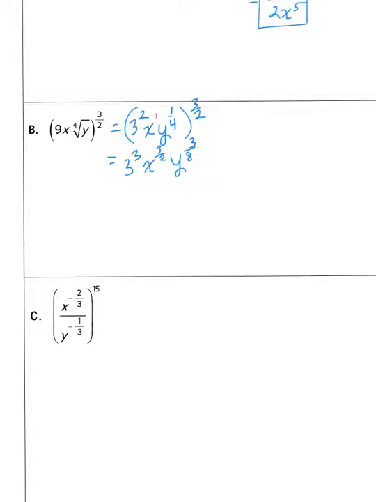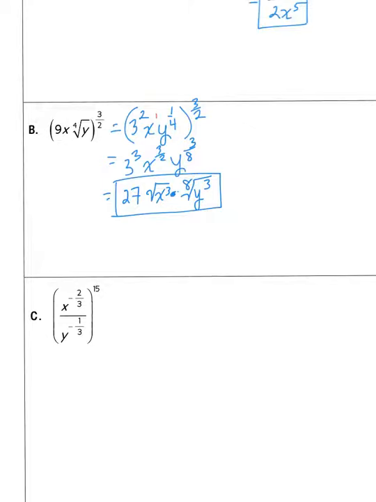So then we need to simplify this, and you can simplify it in two different ways. So you can either write it as 27, because 3 cubed is 27. Then you have the square root of x to the third times the 1/8 root of y to the third. That's a times right there. So that could be one answer.